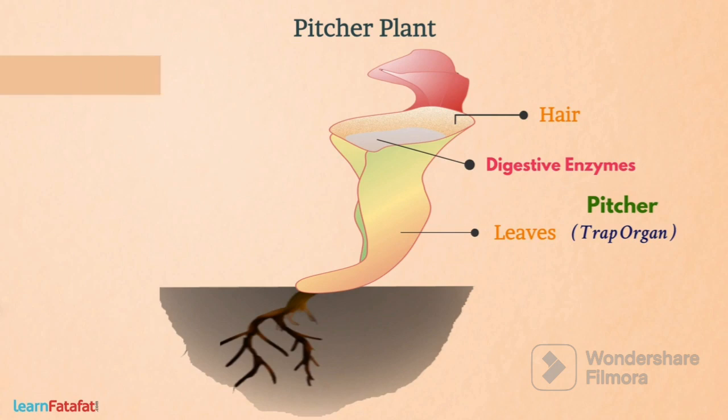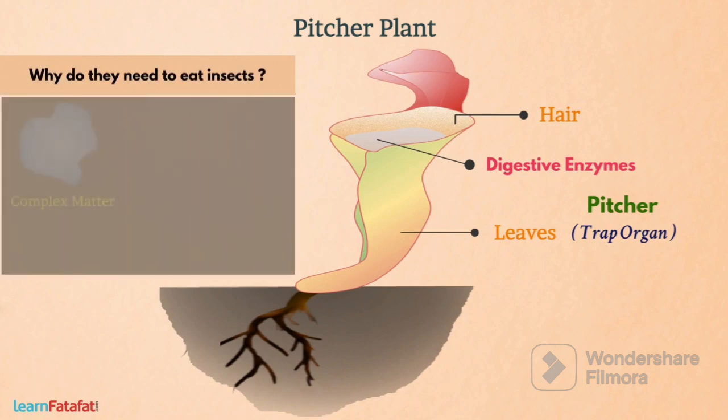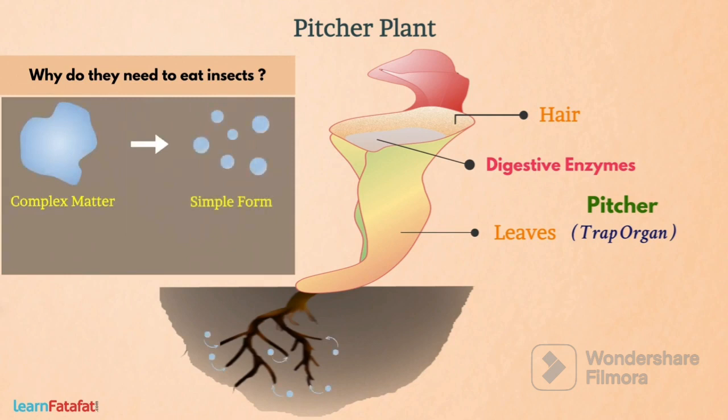The question is, why do they need to eat insects? Well, the reason is quite simple. There is a need for conversion of complex matter into a form which can be used by plants. The job is done by bacteria such as Rhizobium.